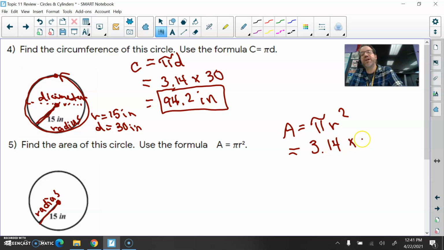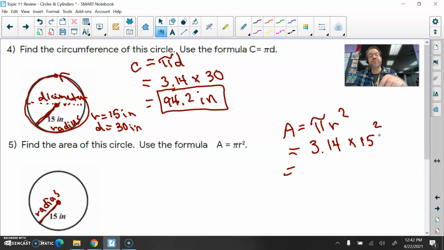So it's 3.14 times 15 squared. Now remember, you have to do your exponents first. So we have to find 15 squared, which is 15 times 15, which is 225. And then we take that times 3.14. I'll do that here quickly on my calculator.